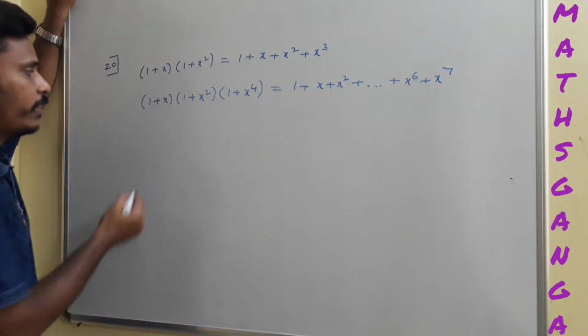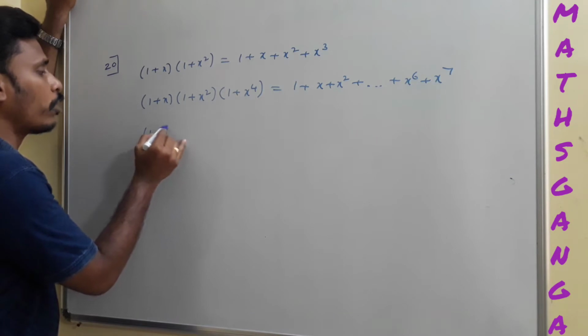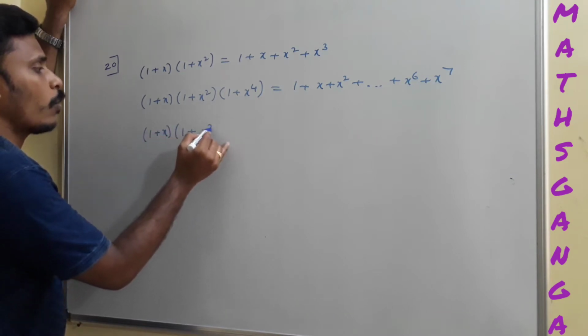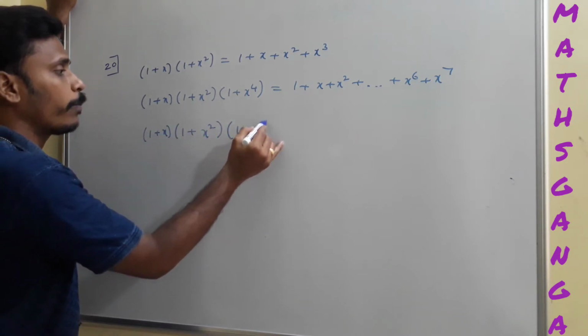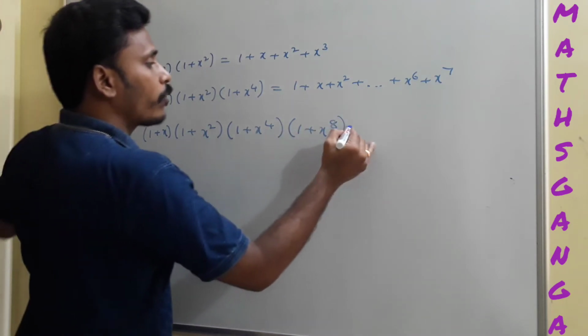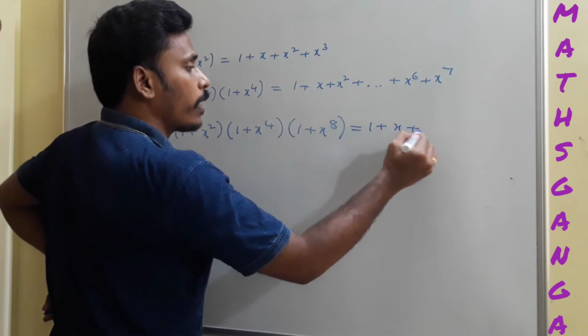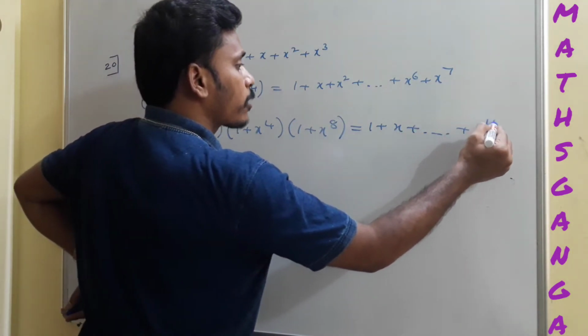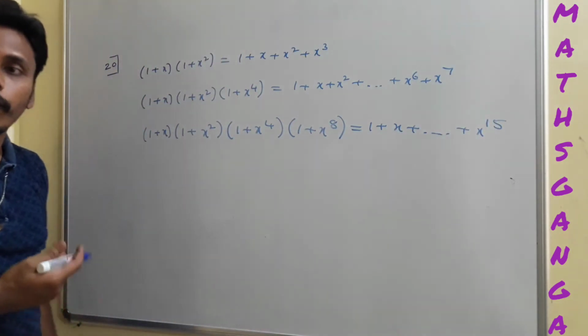Just we multiplied there. And then if you have four terms, 1 plus x, 1 plus x square, 1 plus x power 4, and 1 plus x power 8. Now the product of these four terms is 1 plus x plus and so on plus x power 15. Up to x power 15 we will get.